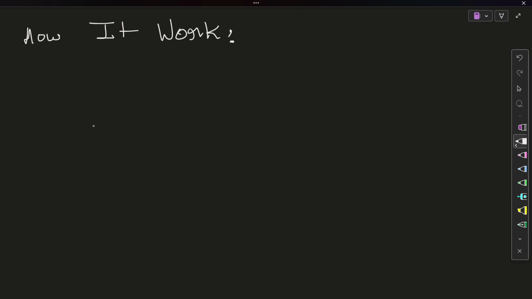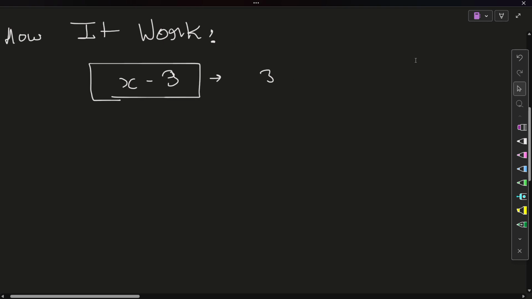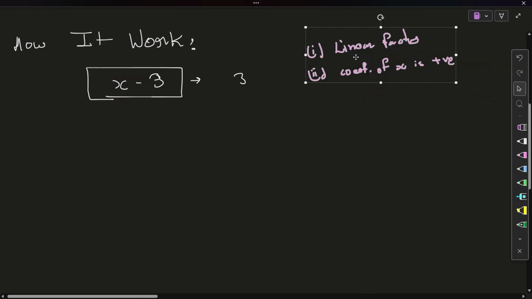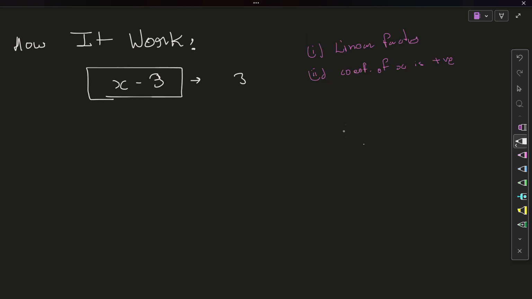So there's a thing about linear polynomials. Imagine there's a linear polynomial x minus 3. The root of this polynomial is 3. We observe that if we put a value of x greater than its root in any linear polynomial having a positive coefficient of x, like this one, let me paste the thing that we copied here. These are the rules of the Wavy Curve method.